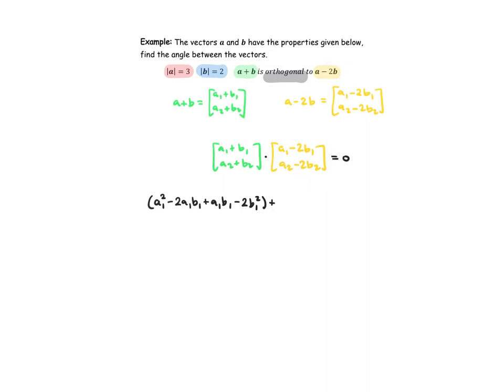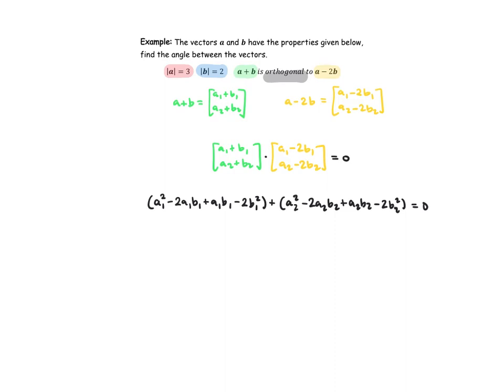Now the nice thing about this is it's going to look exactly like the first expression except with A2s and B2s instead of A1s and B1s. So this will be A2 squared minus 2A2B2 plus A2B2 minus 2B2 squared. The sum of those two is equal to 0.